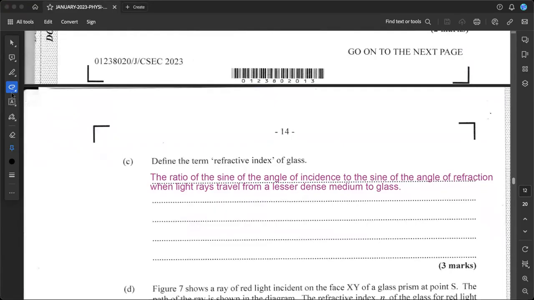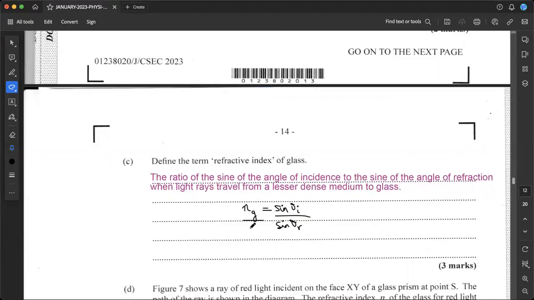If I were to write that out in more detail, from a formula standpoint, the refractive index of glass is equal to the sine of the angle of incidence divided by the sine of the angle of refraction when light rays travel from a less dense medium to glass.